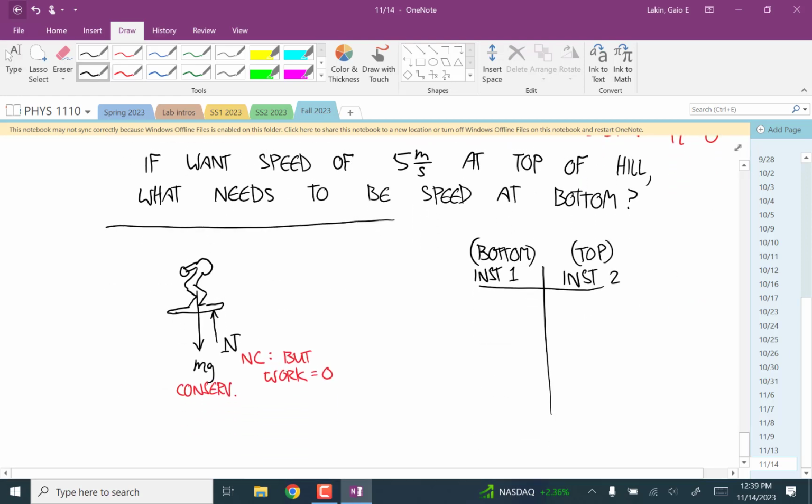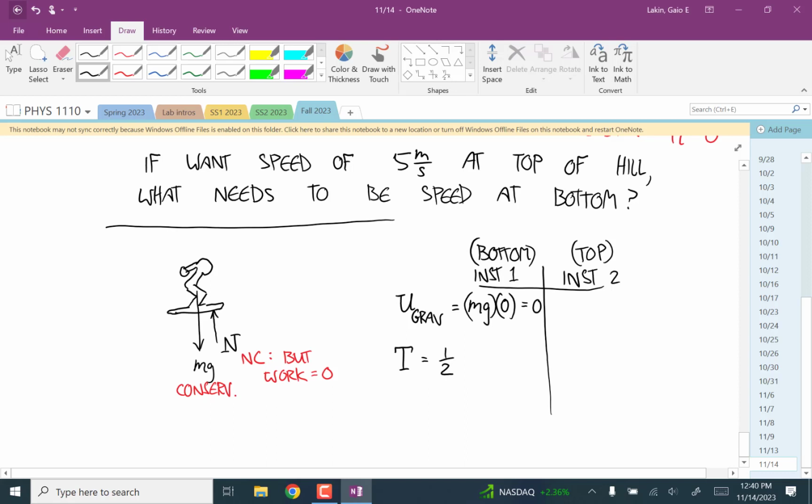Okay, so at the bottom of the hill, let's calculate the gravitational potential energy. That's equal to the mass times 9.81 times, what's the height at the bottom of the hill? 0. Yep, 0. So there's 0 potential energy at the bottom of the hill. And now we'll calculate the kinetic energy.